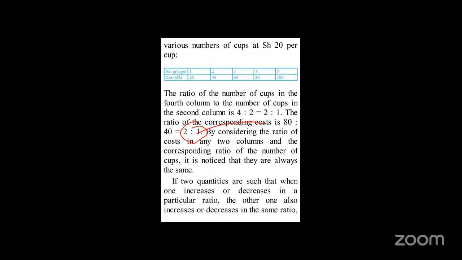For example, compare the ratio of the cups na the cost. For example, tuchukue hii the 2. So hiyo ni 2:3. Hiyo ni the number of cups. Then consider the cost. Cost ni 40:60, si ndio?